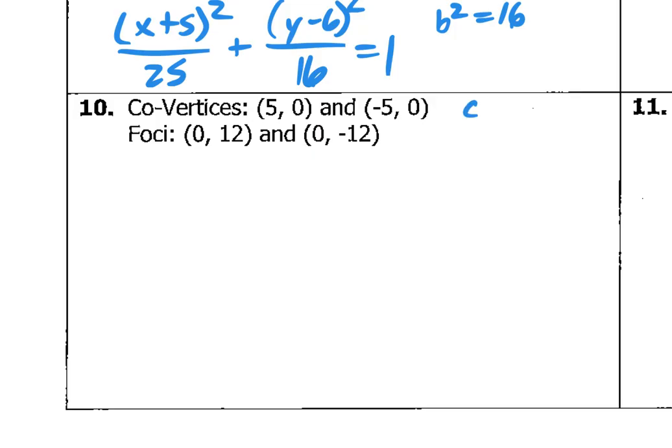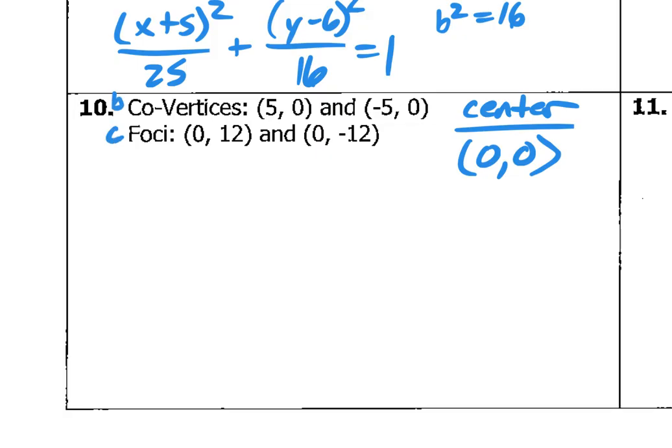All right, so once again, center. Halfway between 5 and -5 is 0, and so my center here is 0, 0. You can do your midpoint formula if you want to, but halfway between 5, 0 and negative 5, 0 is just 0, 0. All right, covertices are the B value. Foci are the C value.